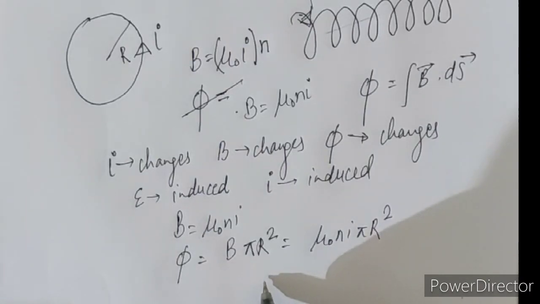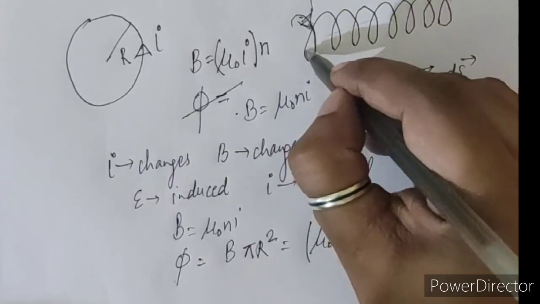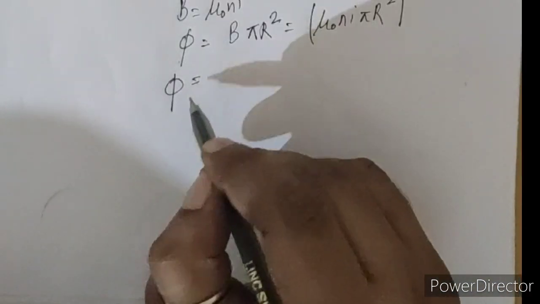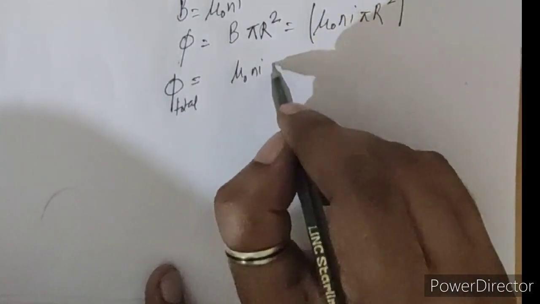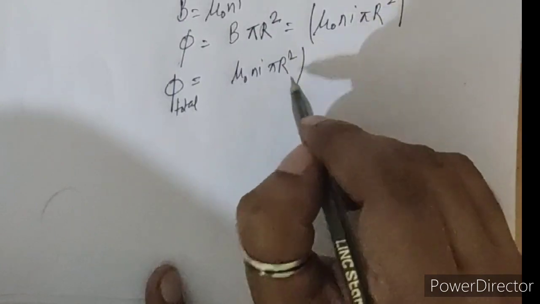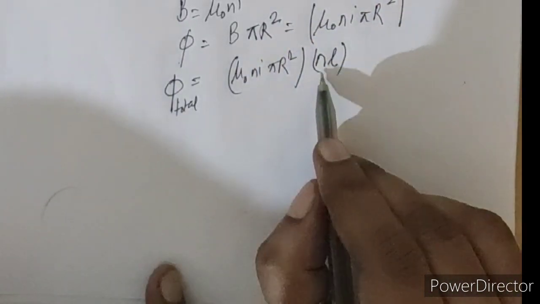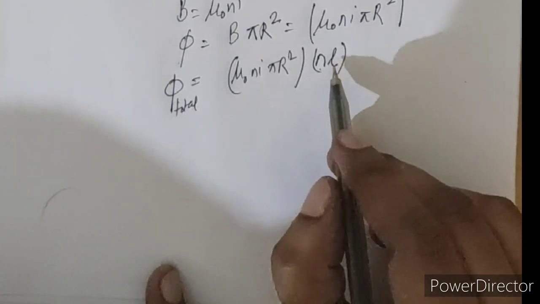And now this flux is through one coil. If we want to calculate the total flux, this will become mu naught n I pi r square times the number of coils. Number of coils per unit length multiplied by length gives the total number of coils.